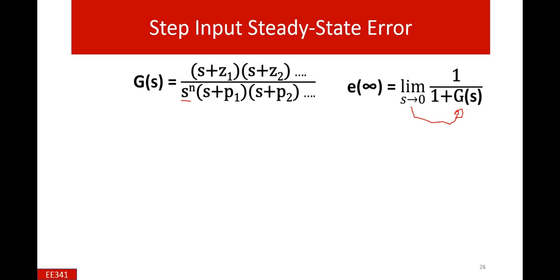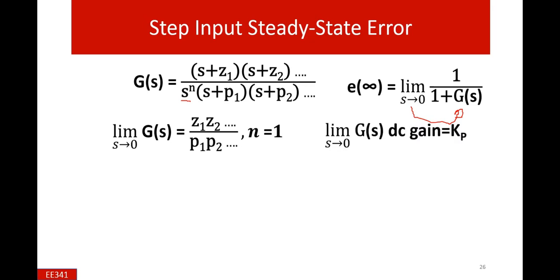So if we take n equal to 1, and s approaches 0, then this value gives some constant value.